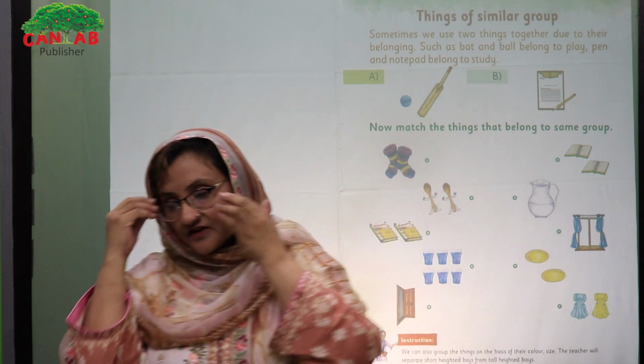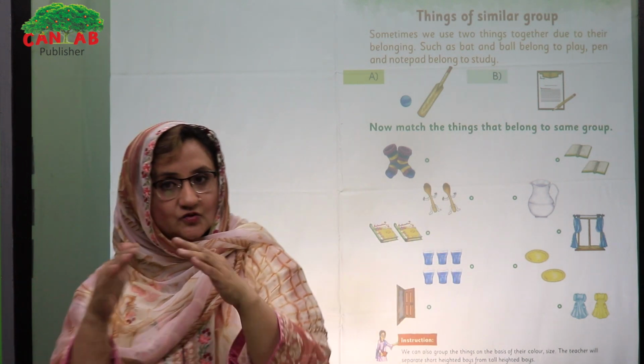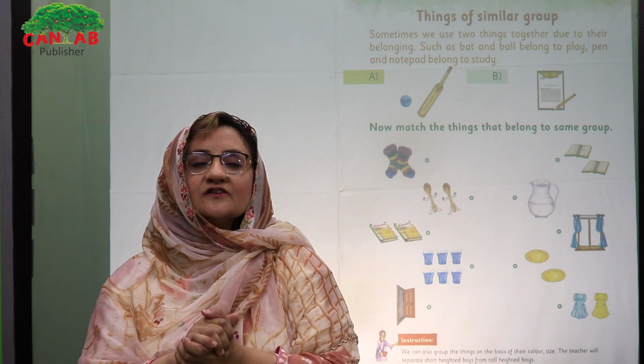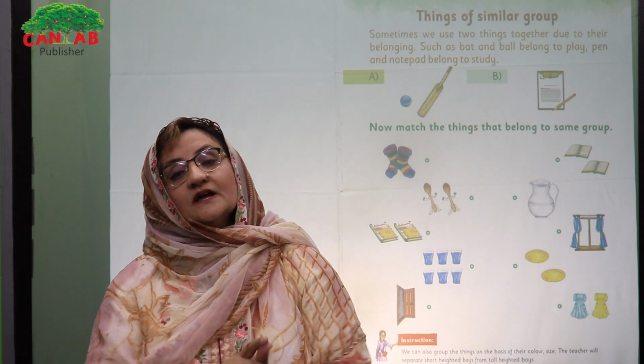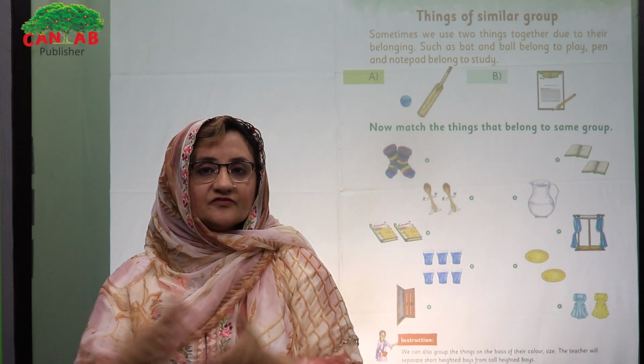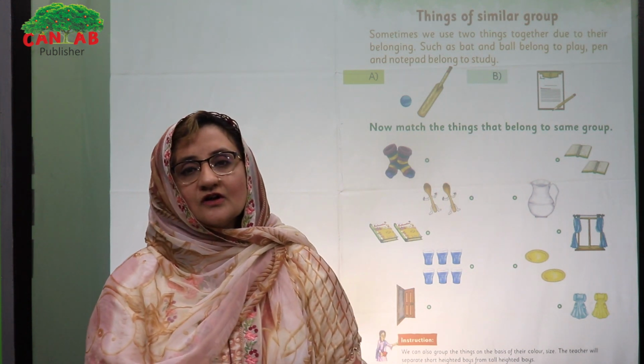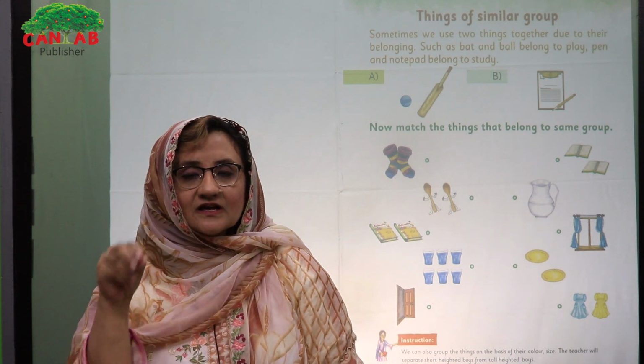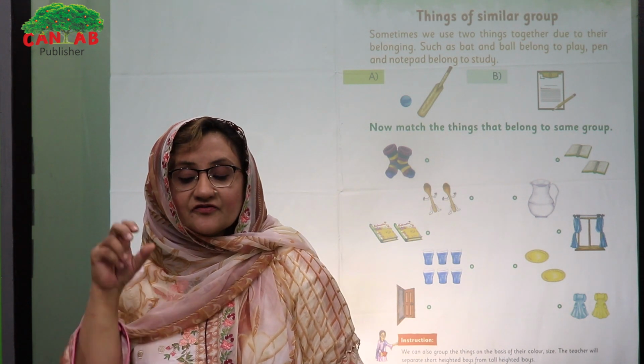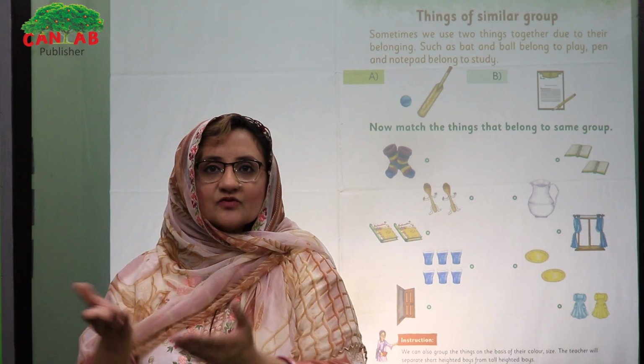Very good. Now what you can do, you can divide the students into different groups, and you can give them different things and objects, and ask them to form different groups. They have to find out the different object you have given which is not matching with the rest of the members of the group.